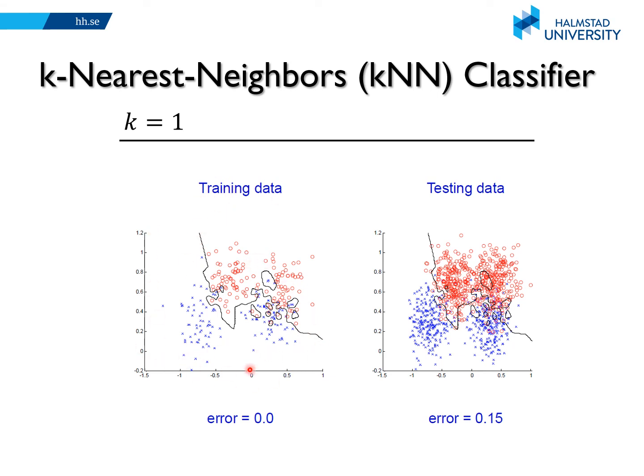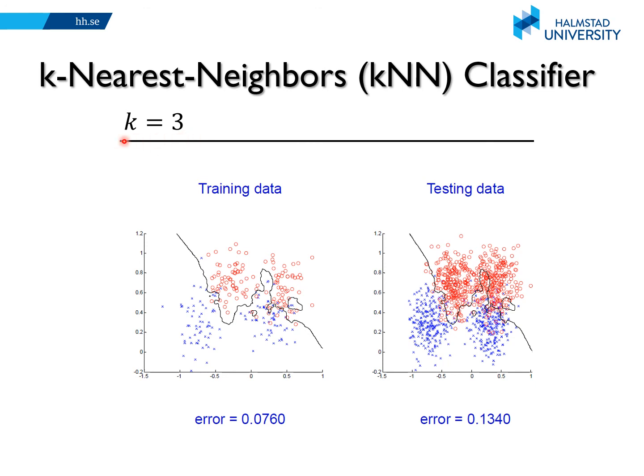And all the training data points are correctly classified, so you get 0 error on the training data set. But if you collect more data from the same distribution, you get new test data, then you see that the error is much higher, right? For example, 0.15 here. Now let's see what happens if, for example, we increase k to, let's say, 3.